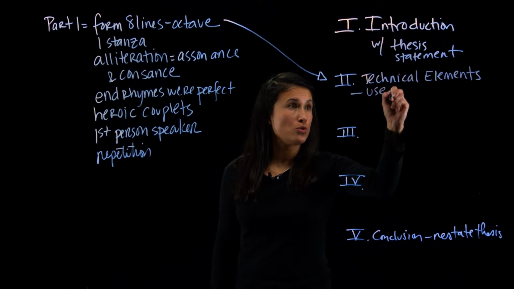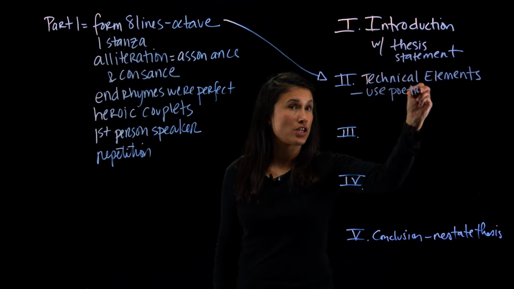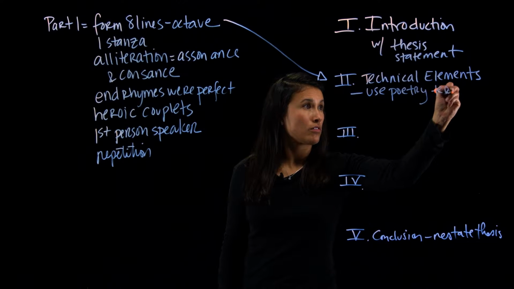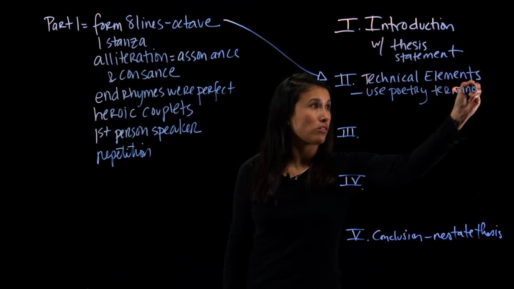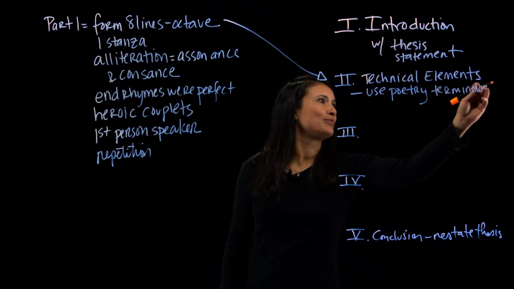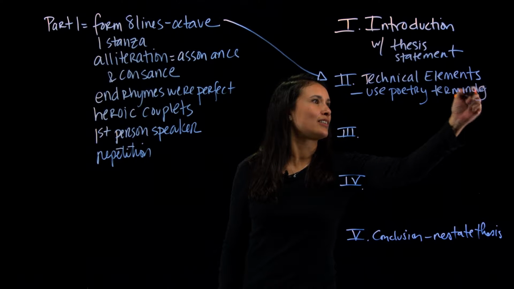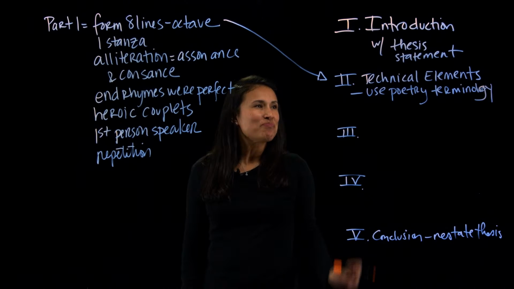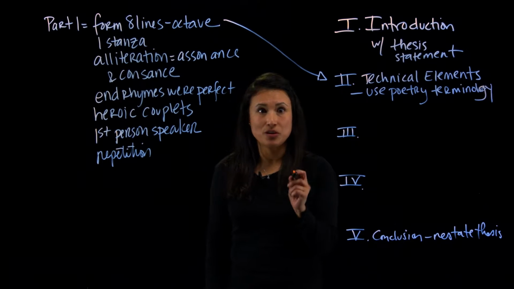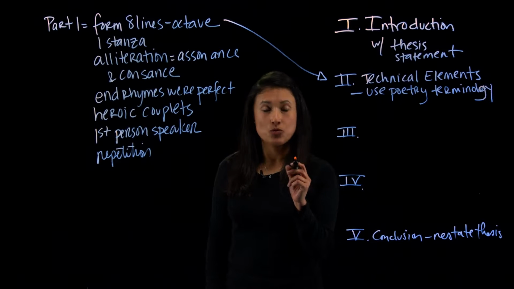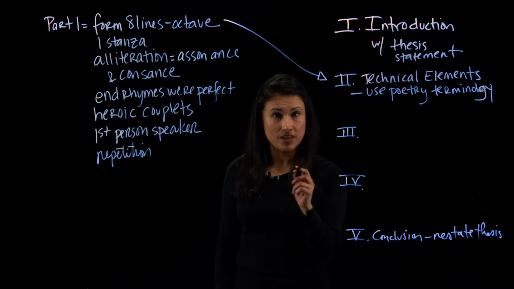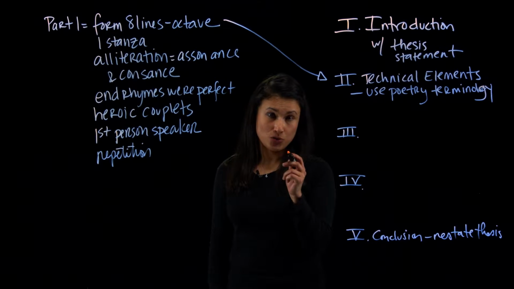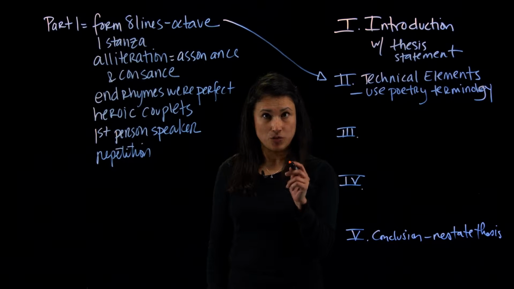You're going to use your poetry terminology. Because you want to show that you've studied effectively in order to apply the terms that you know the instructor who's grading the exam is going to be impressed with.